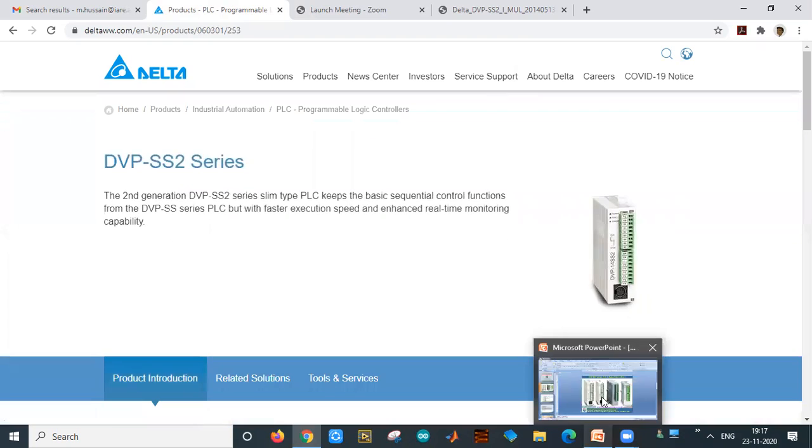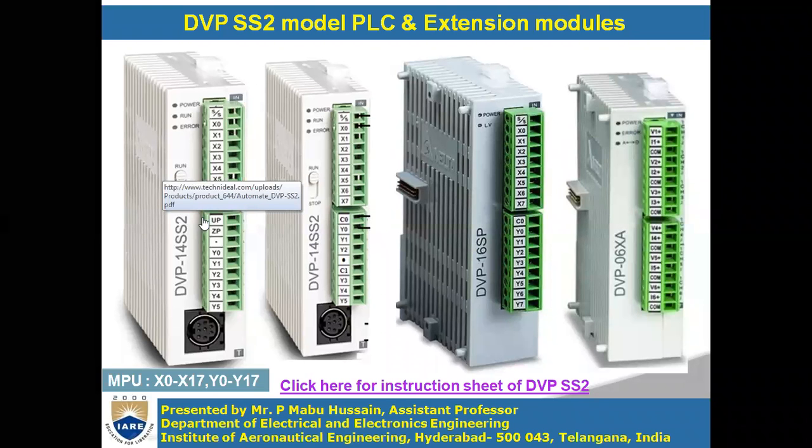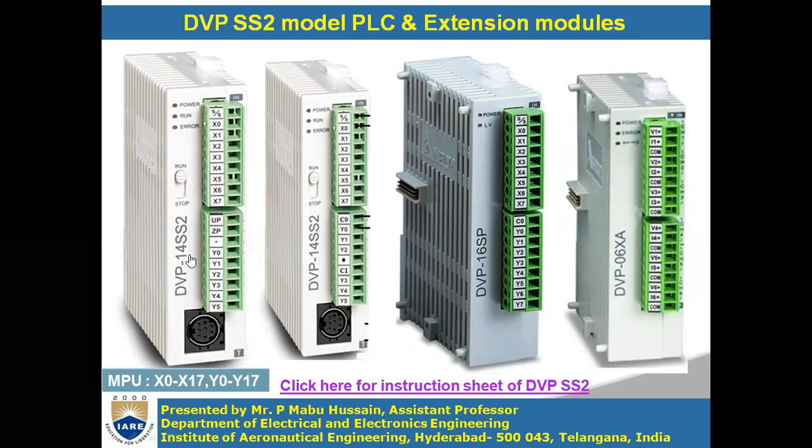Okay, see here. So the first diagram. This is the DVP series and model number is SS2. Okay, DVP series SS2 model. Now here this 14 represents the total number of inputs and outputs together. Okay, so if you observe the pins on this PLC, it has X0 to X7.